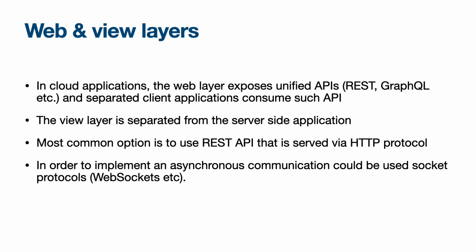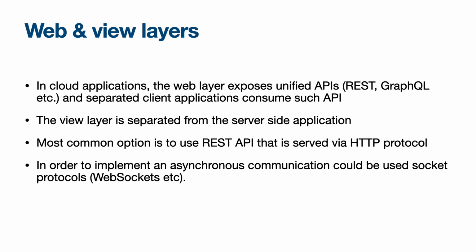As I said, the most common option is to use a REST API, and usually when we talk about the web layer, we talk about the synchronous HTTP protocol. Well, sometimes there is also a possibility, a necessity actually, to use asynchronous communication such as WebSockets or the TCP/IP protocol, for example when we need real-time communication between a client and a server.